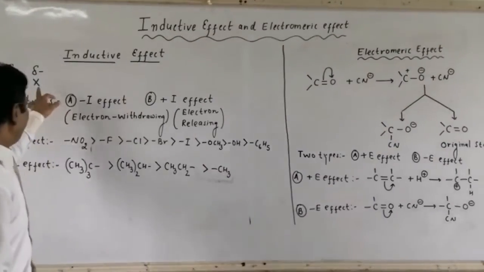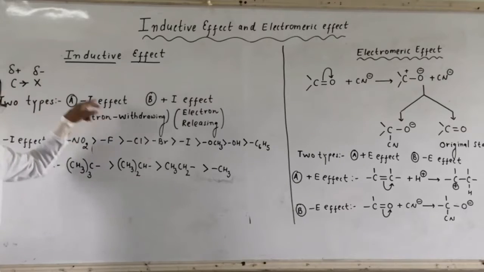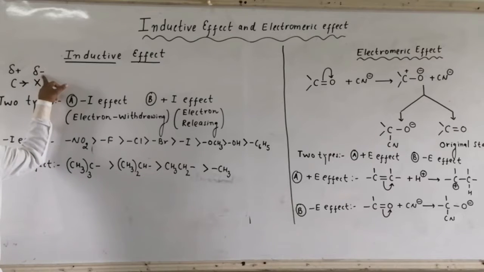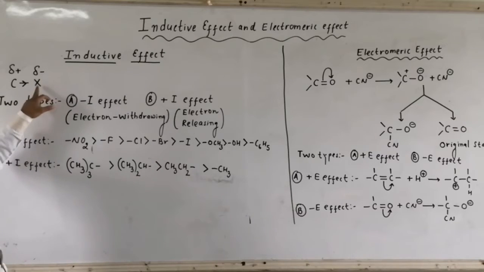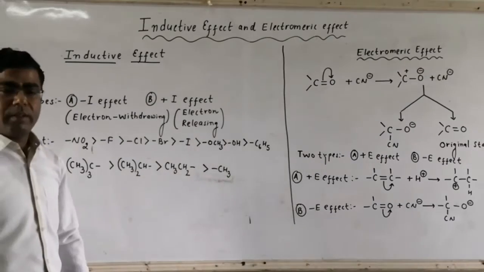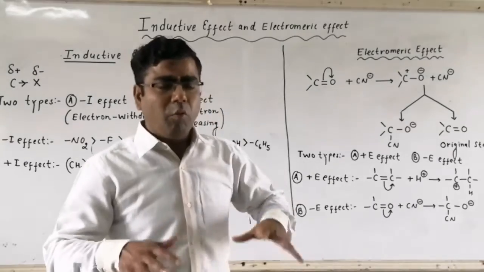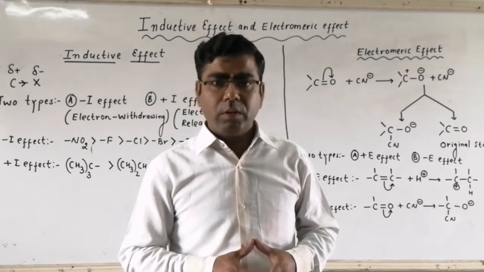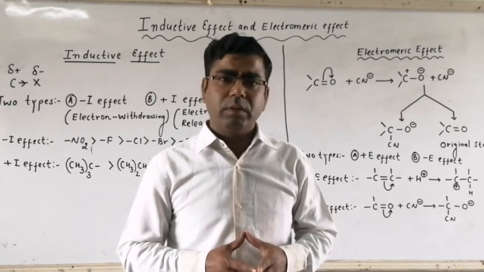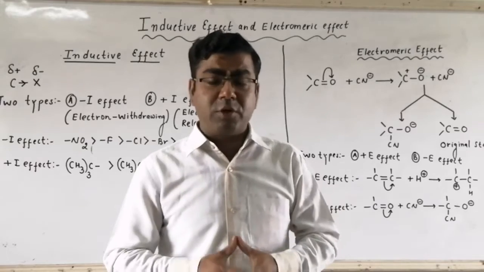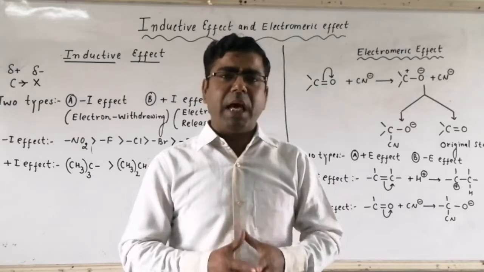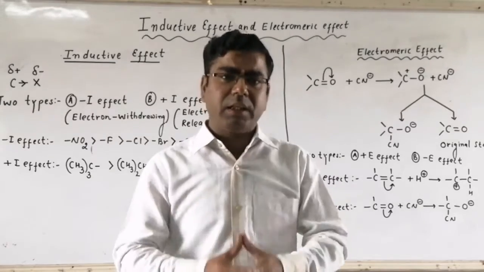So this halogen atom will attract the shared pair of electrons towards itself, as a result of which delta minus, that is partial negative charge, will be generated over atom X, and the partial positive charge will be generated over carbon atom. Polarity will be developed in the bond. So whenever such type of electronic displacement is observed along the carbon chain, then this type of effect is called inductive effect.